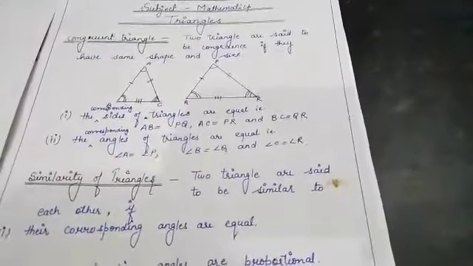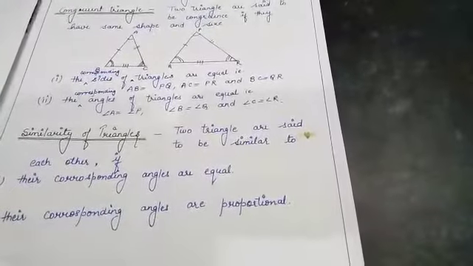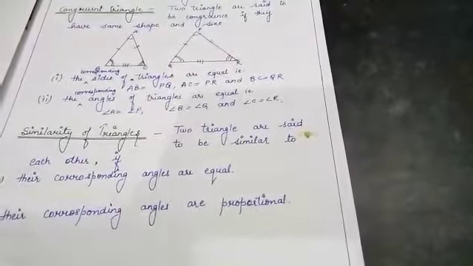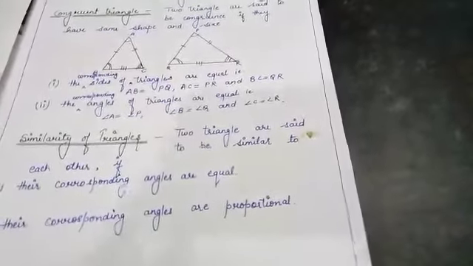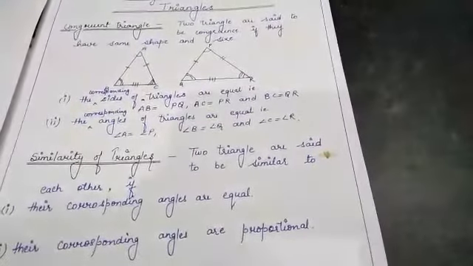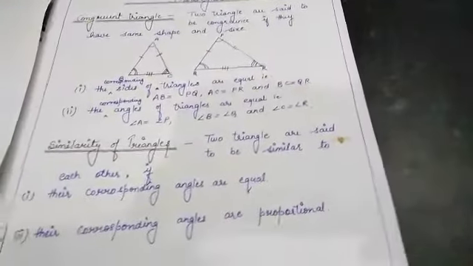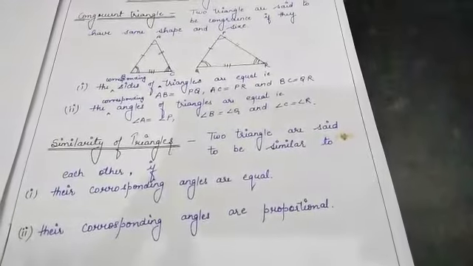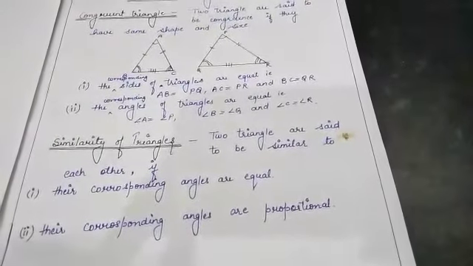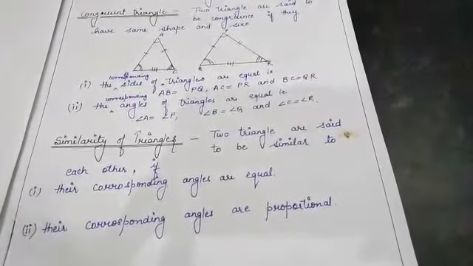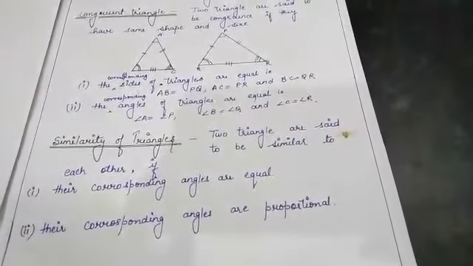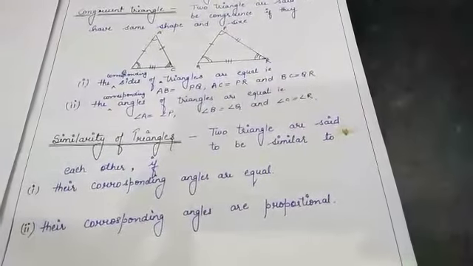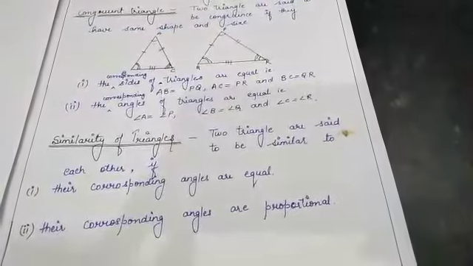Now, in similarity of triangles, two triangles are said to be similar to each other if they fulfill two basic conditions. In other words, we can say that two triangles are similar if they have the same shape but not the same size.